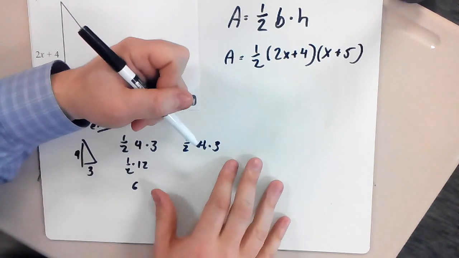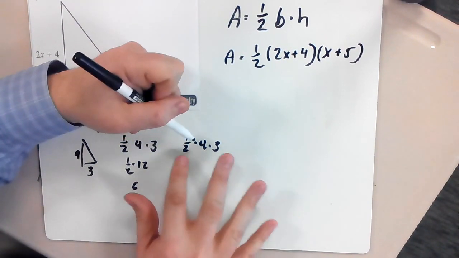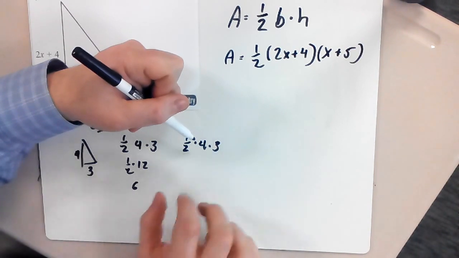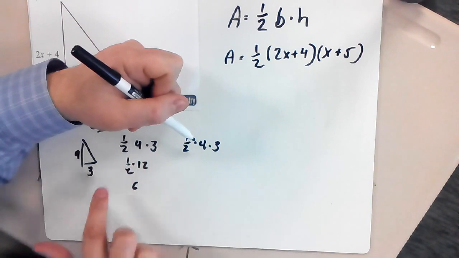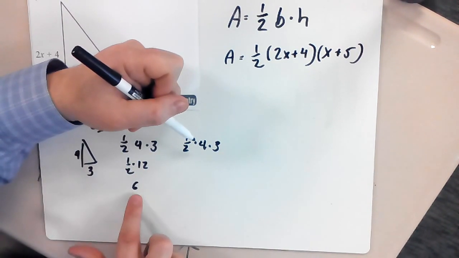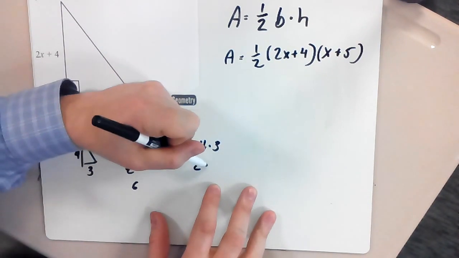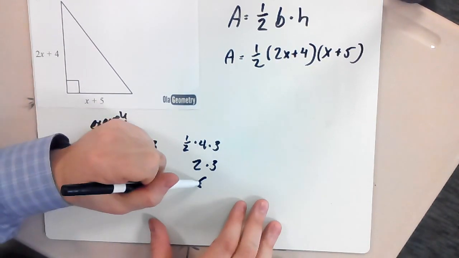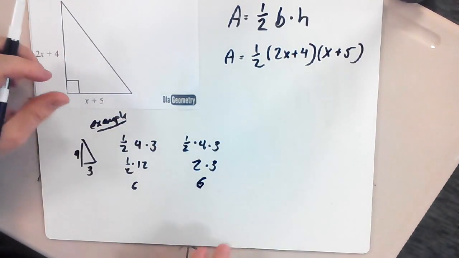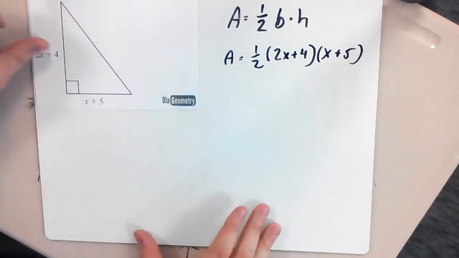You can't do it to both of them, just once. What I'm basically doing is multiplying the 1/2 and the 4 together first, then multiplying the 3. Here, I did 4 times 3 first, then 12, and then got 6. But if I multiply these two together first, I get 2 times 3, which is 6. So you can work this out that same exact way. Okay, let's work this out.